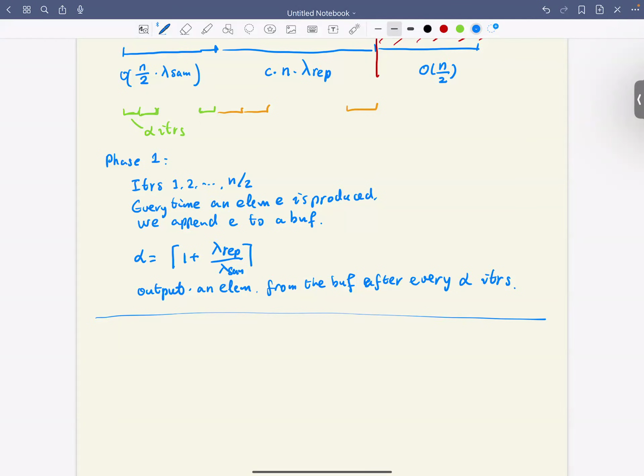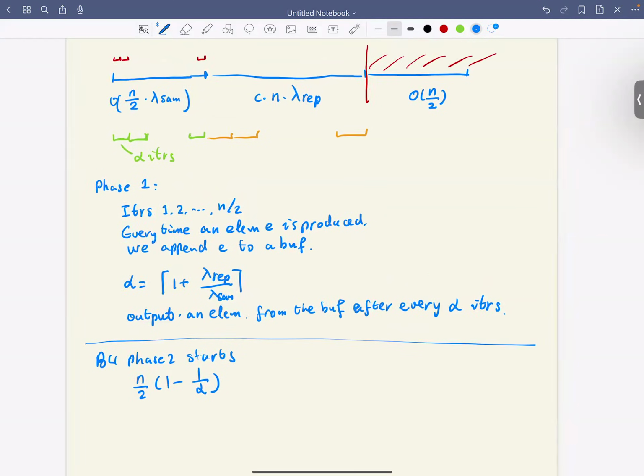You see what I'm saying? So before phase two starts, I have a large number of elements still in the buffer, because I definitely have produced n/2, and I have output n/2 divided by alpha. So I still have n/2 times 1 minus 1/alpha.